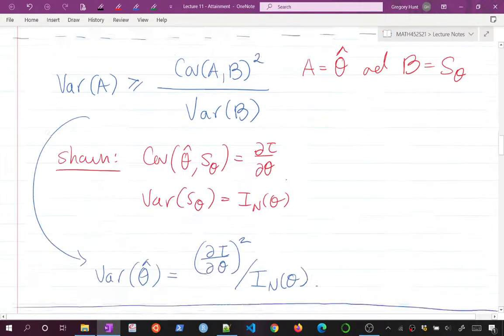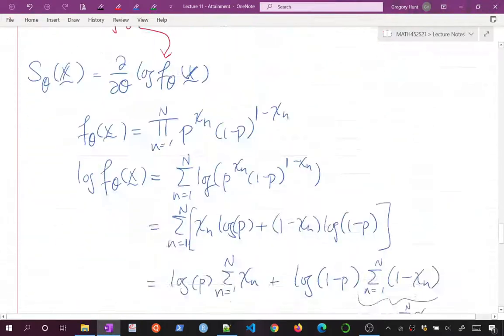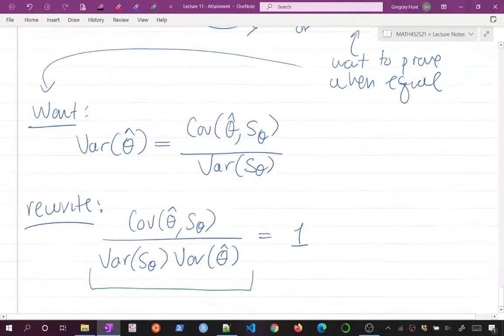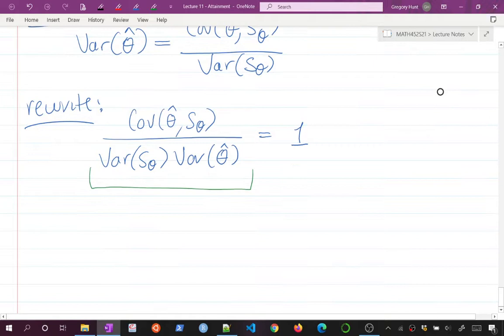So by undoing that rearrangement, this is, however you want to recognize it, the squared correlation between theta hat and S theta.